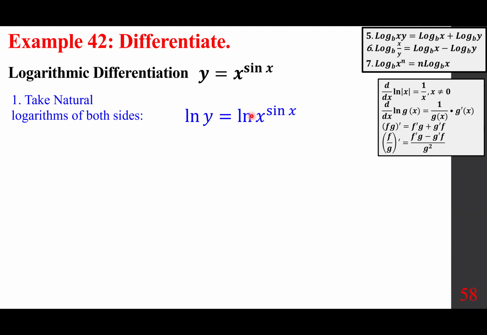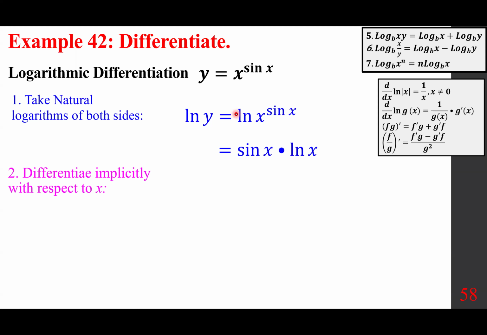And on the right side, when I take the natural log of x to the power of sine x, it uses the power rule and sine x sits in front. Now, the next step is to differentiate. And to differentiate, we have to differentiate implicitly. This is, of course, ln y, just like before, 1 over y times y prime.